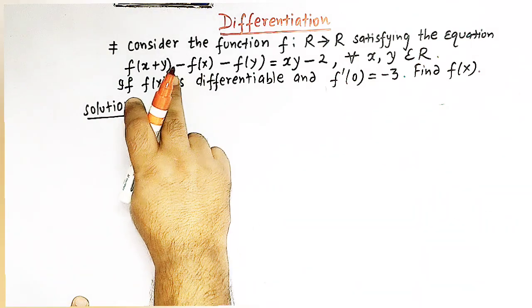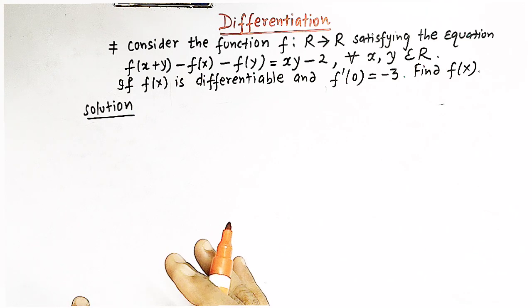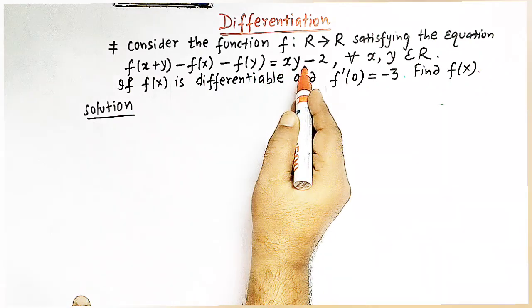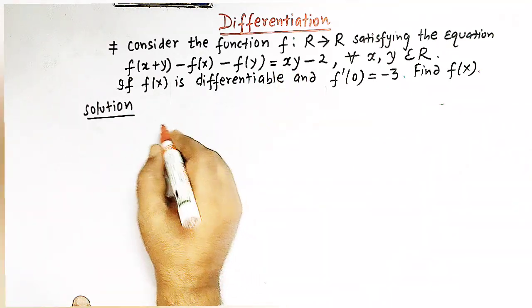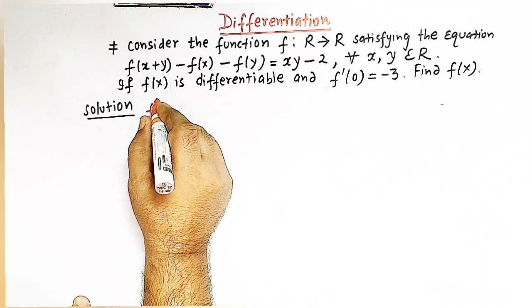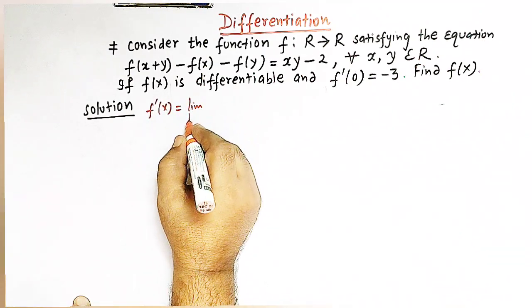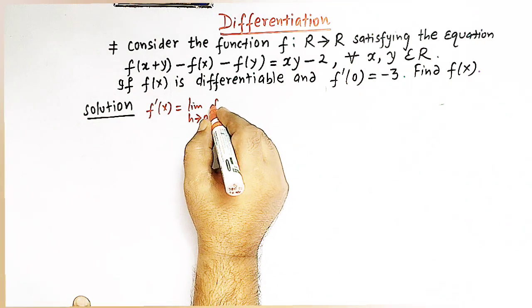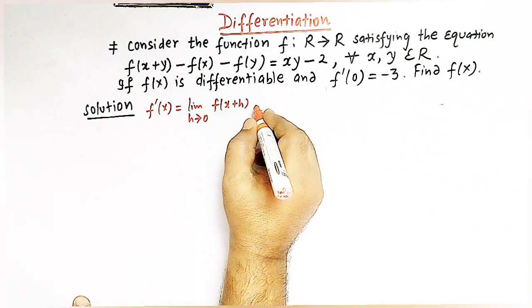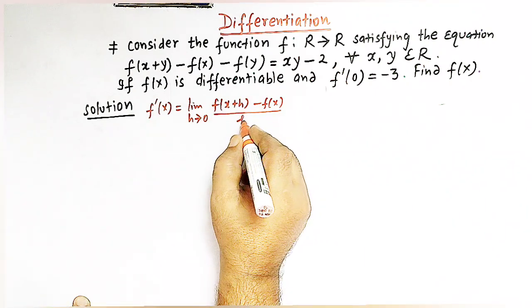So before solving this equation, let us quickly see the definition of derivative, because this definition is going to be of prime importance while solving this equation, right? Now see, the derivative of a function, say f of x, that is f prime of x, is defined by this limit, that is limit h tends to 0, f of x plus h minus f of x divided by h, right?